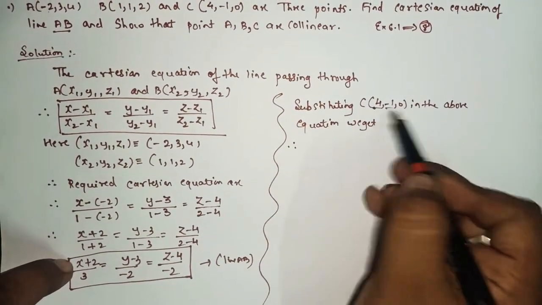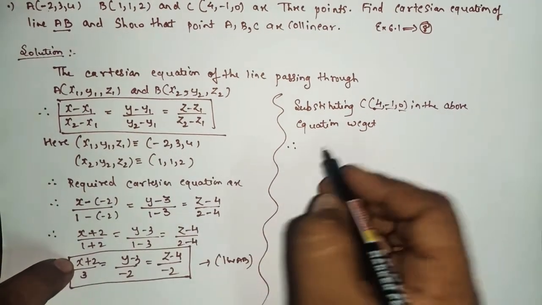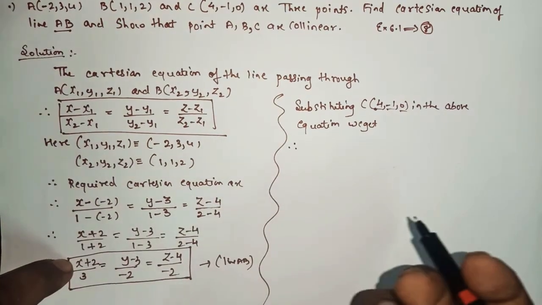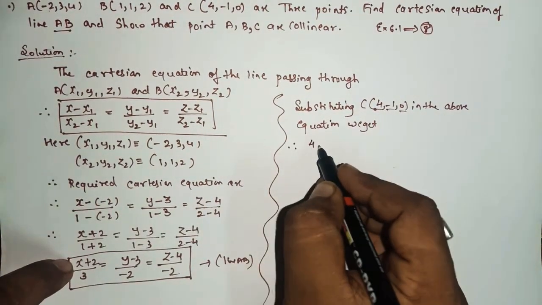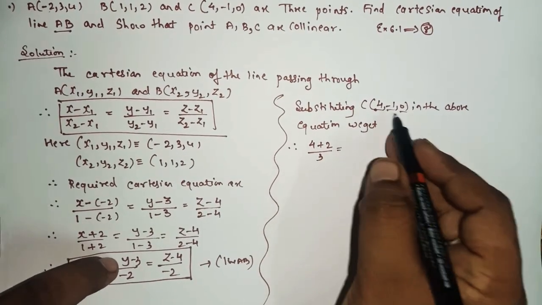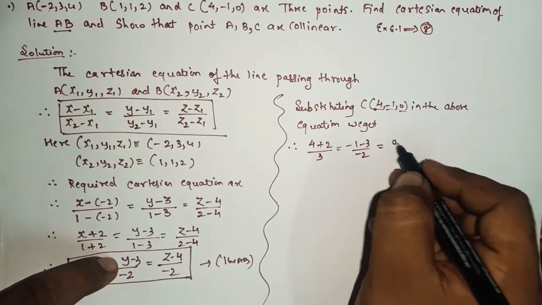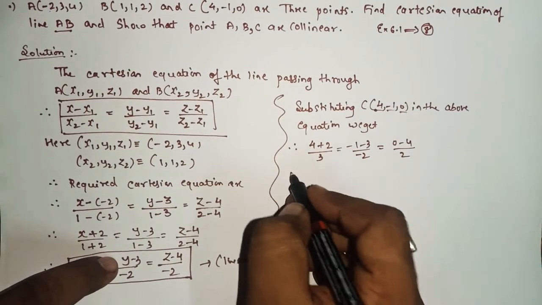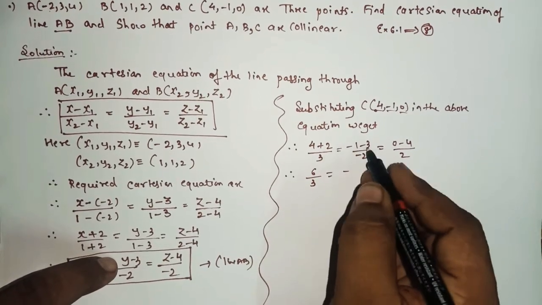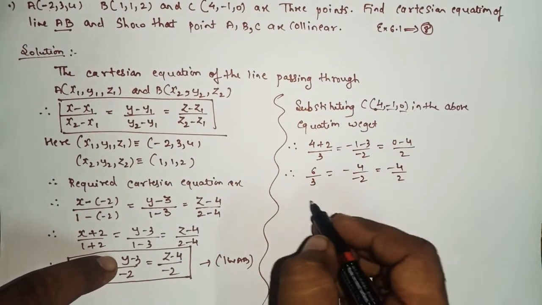So now we'll consider this point C as x, y, z directly. x, y, z is also what? It is a coordinate only, na? Yes or no? So (4 plus 2) upon 3. y is what? (Minus 1 minus 3) upon minus 2. z is what? (0 minus 4) upon 2. So here 4 plus 2 is what? 6 upon 3, minus 4 upon minus 2, minus 4 upon 2.